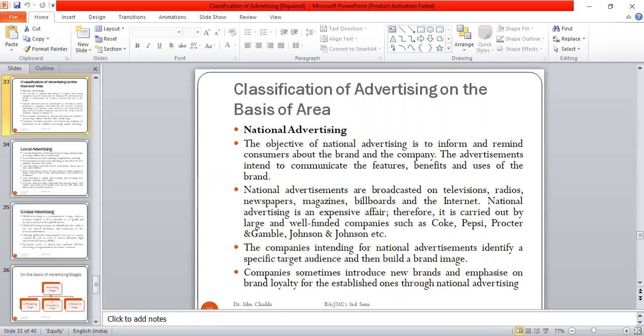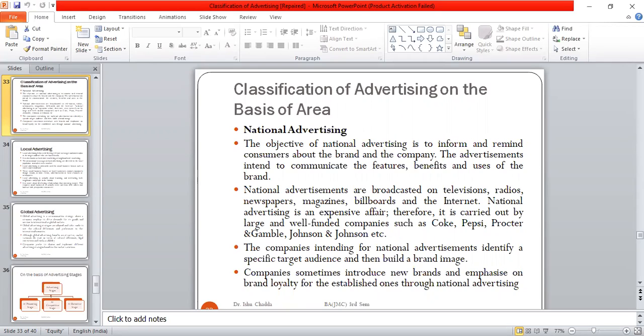National advertising is an expensive affair, therefore it is carried out by large and well-funded companies such as Coke, Pepsi, Procter and Gamble, Johnson and Johnson. The companies intending for national advertisements identify a specific target audience and then build a brand image. Companies first specify their target audience, then on the basis of their needs and wants, they build up their brand image.